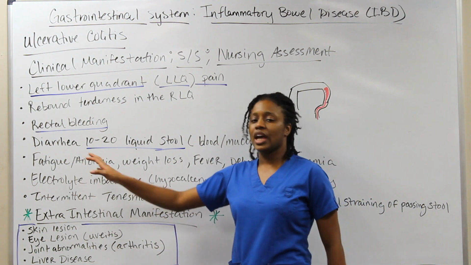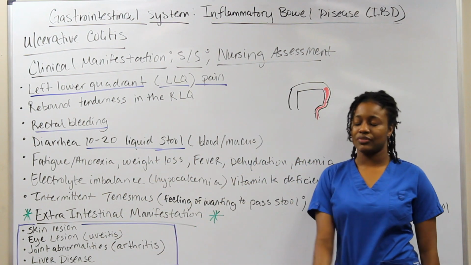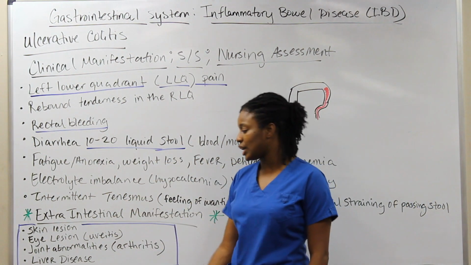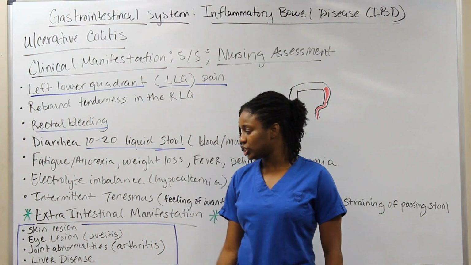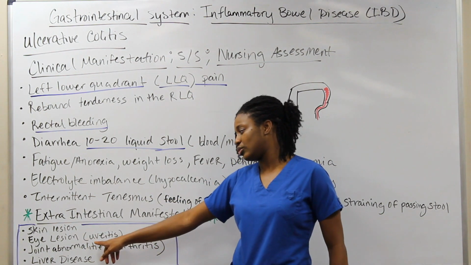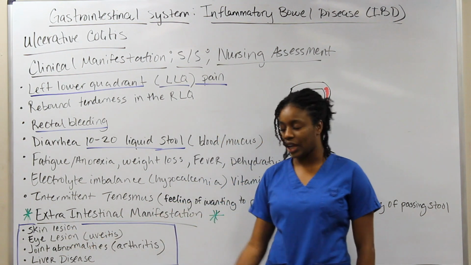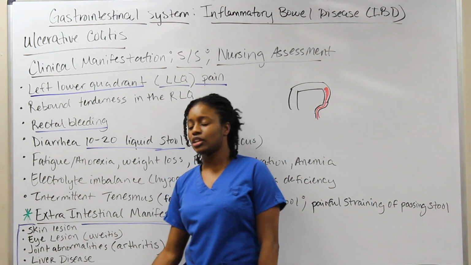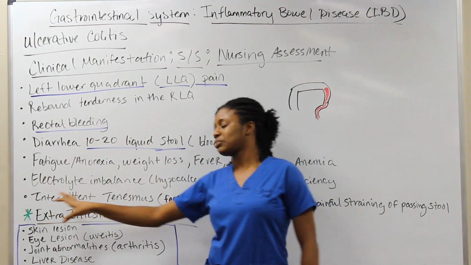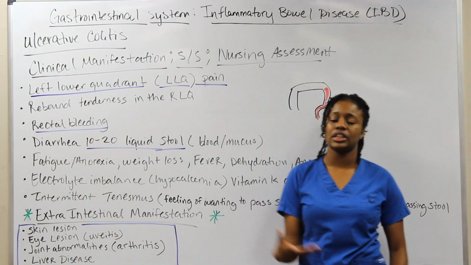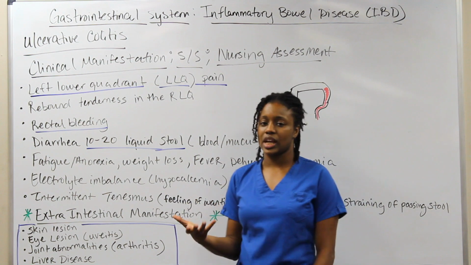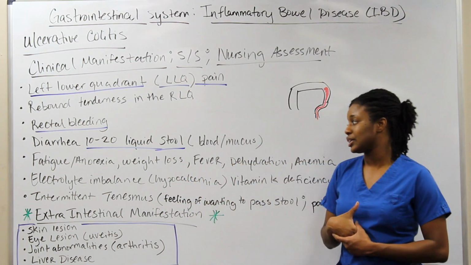And then you have extraintestinal manifestations that can occur with colitis, and you have skin lesions, eye lesions, which is also known as uveitis, joint abnormalities, which is arthritis, and then you have liver disease. So aside from all of these are some extra things that you can see in a patient who does have ulcerative colitis, okay?